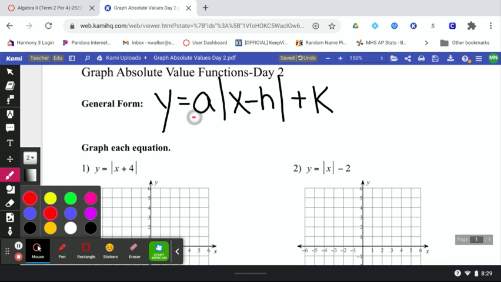Now, I will tell you today, there will not be an A value. That's going to be Thursday's lesson. But today we are going to talk about what happens when we add or subtract inside the absolute value, which is what we talked about yesterday. And then today we are going to talk about what happens whenever a number is added after the absolute value.